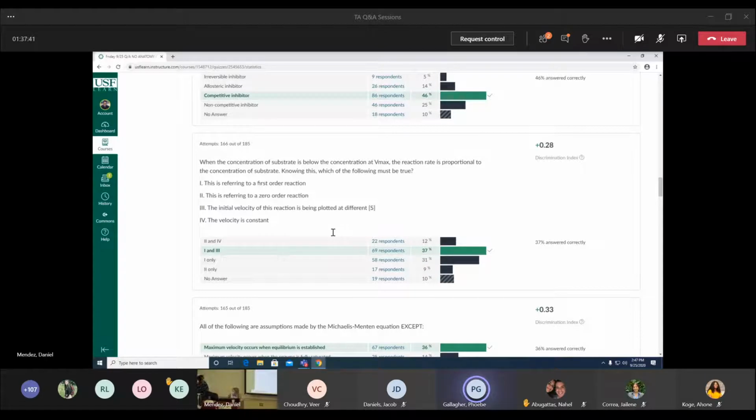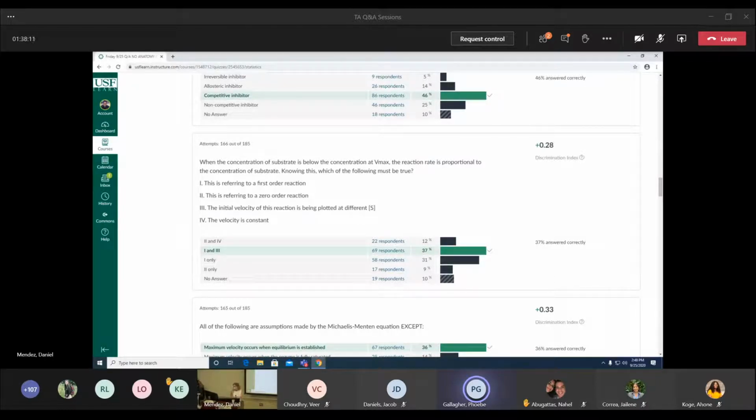Oh, okay. So the question is, when the concentration of substrate is below the concentration of Vmax, the reaction rate is proportional to the concentration of substrate. Knowing this, which of the following must be true? So if you are below Vmax, your reaction rate is going to follow a first order rate. So you're going to have an increase of the rate proportional to the amount of substrate increase.